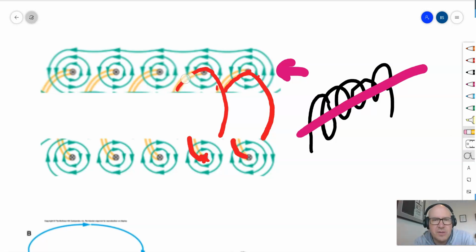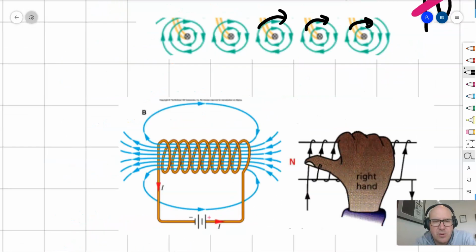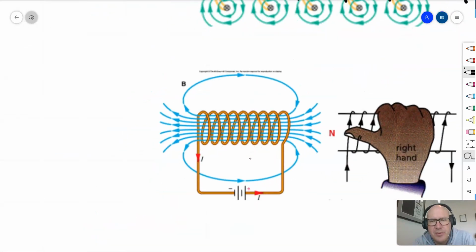But what this diagram shows is that the magnetic field around these cross sections all go the same way in the middle. They're all going this way in the middle. And what happens there is they all join up, and you basically get the same sort of magnetic field that you would get if you had a bar magnet.